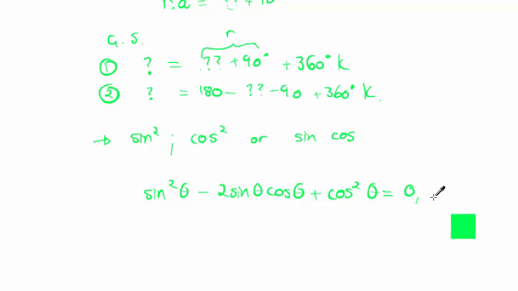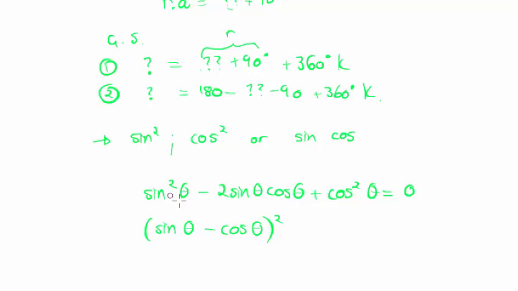No, it's equal to 0. Now in this case, what you should be able to recognize is that this can be factorized into sine theta minus cos theta all squared.